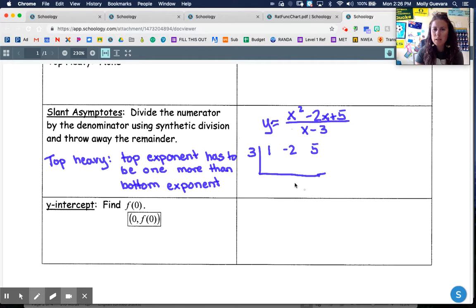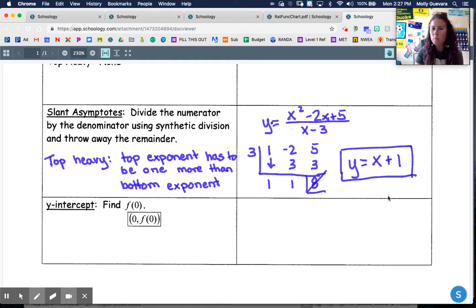Here's the top. So quick synthetic division, the 1 comes down. I multiply and then add, and then multiply and then add. And whatever I get for the remainder, I'm just going to throw away. I'm not going to look at it. So then I can write the equation y equals, here my coefficient is 1, so 1x, or just x, plus 1. So the equation of my slant asymptote is the line 1x plus 1, which I know how to graph, right? I start at 1, and then I go up 1 over 1.